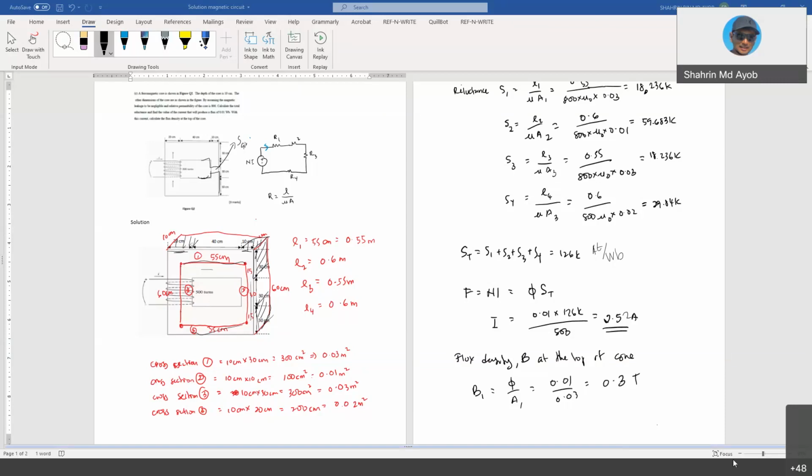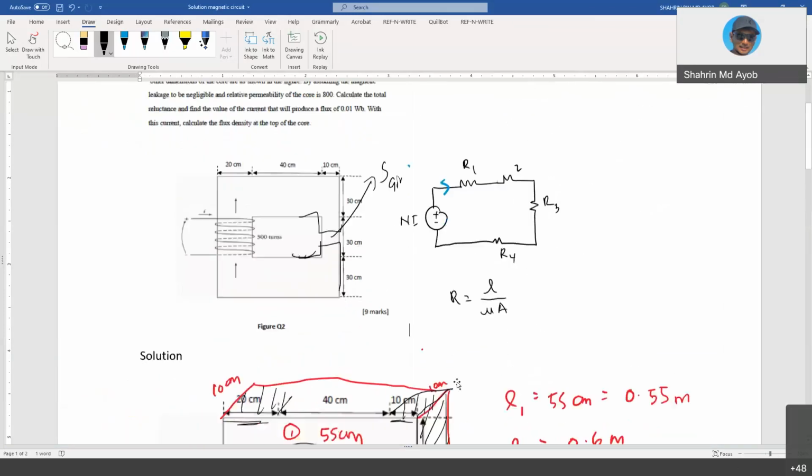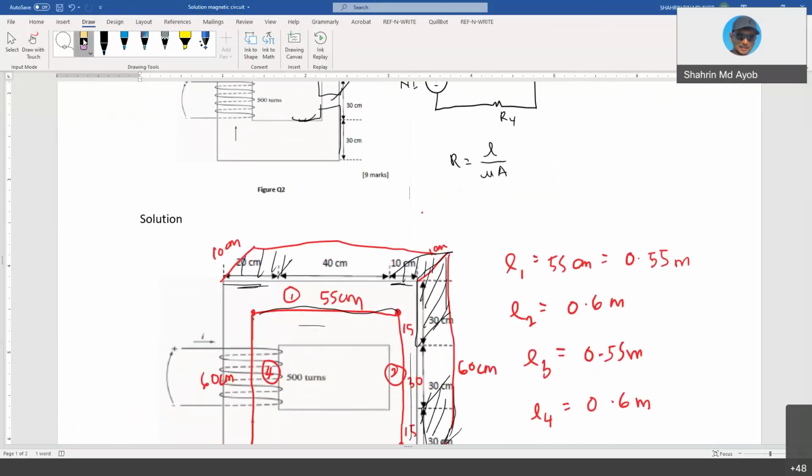Okay, I understand your question. One of your friends asked me, what if I take the whole section from here to here, which is the total of 70 centimeter? It's not correct, because you need to calculate the mean length.